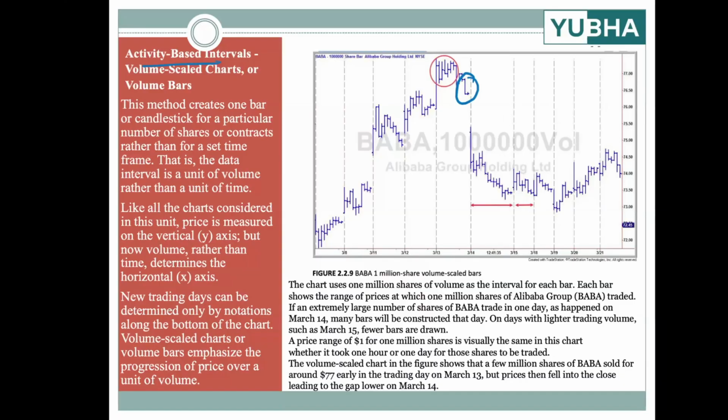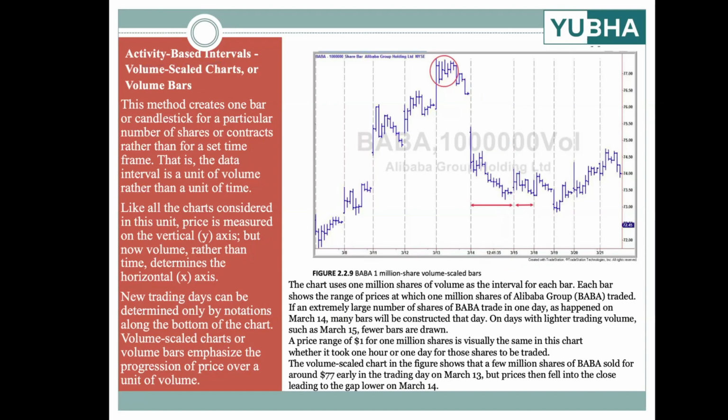On the days where you have a large number of bars, it shows that a lot of volume is being traded, versus days that have a lower number of bars. At the bottom, while there is a timestamp mentioned, it might not come in the right sequence. It would provide you a timestamp only once 1 million shares have been traded for that particular stock.